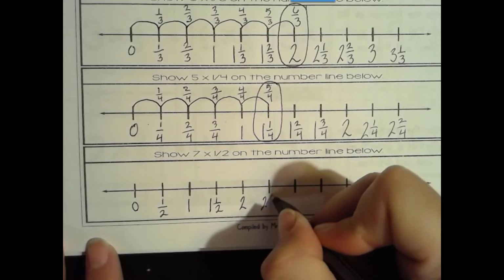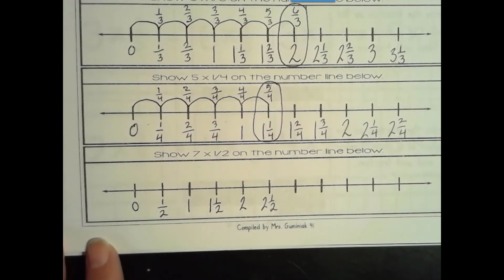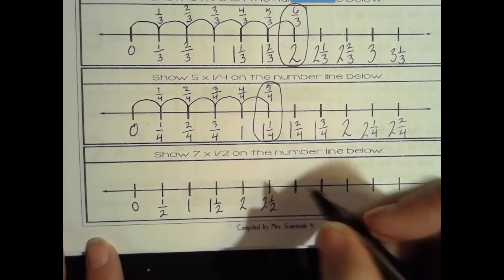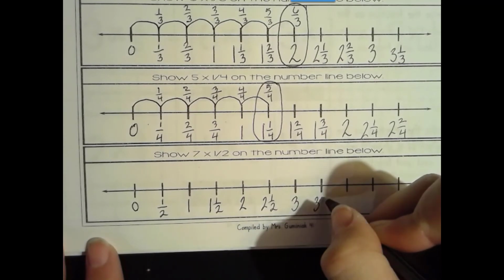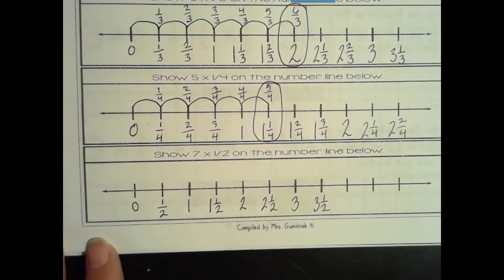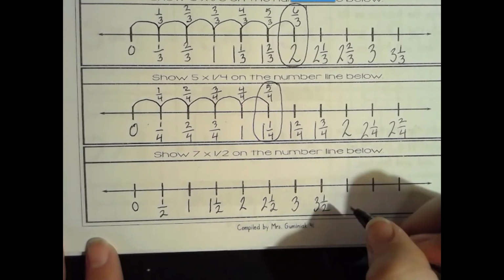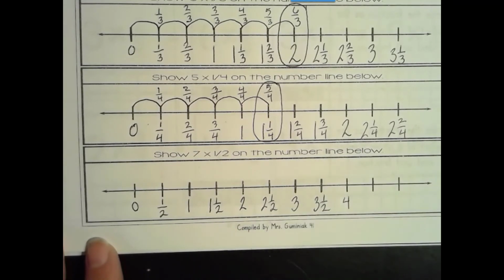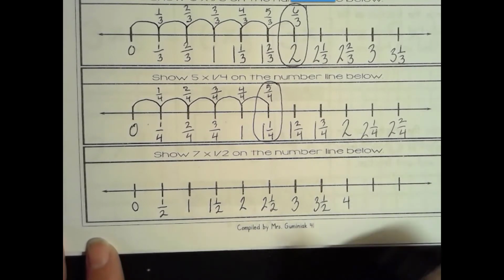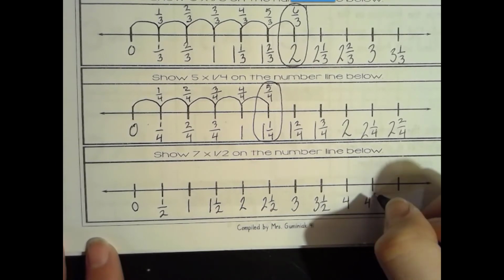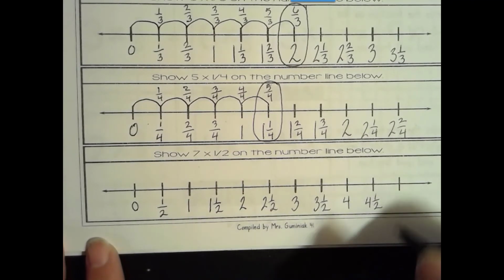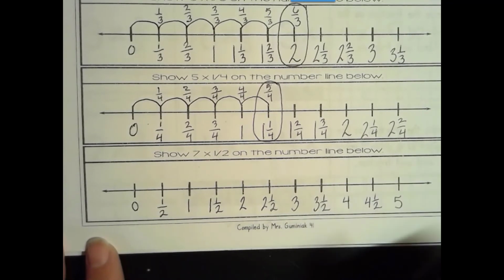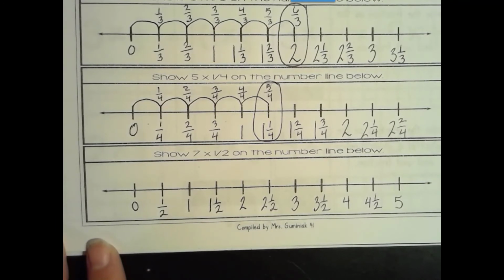Then 2 1/2. 2 2/2 is 3. 3 1/2. And then 4. 4 1/2. And then 5.